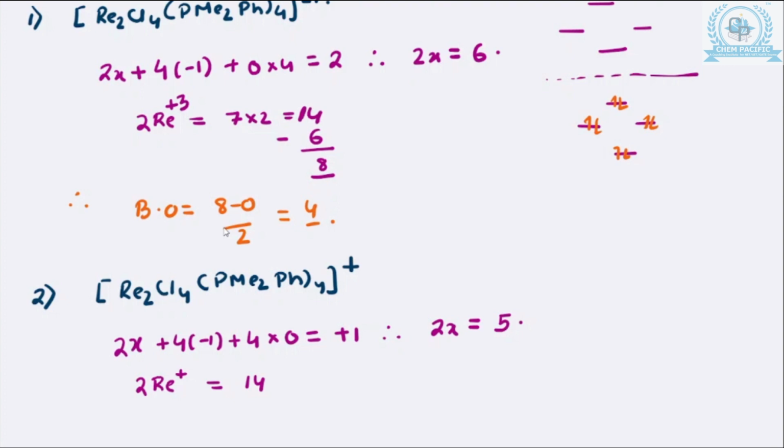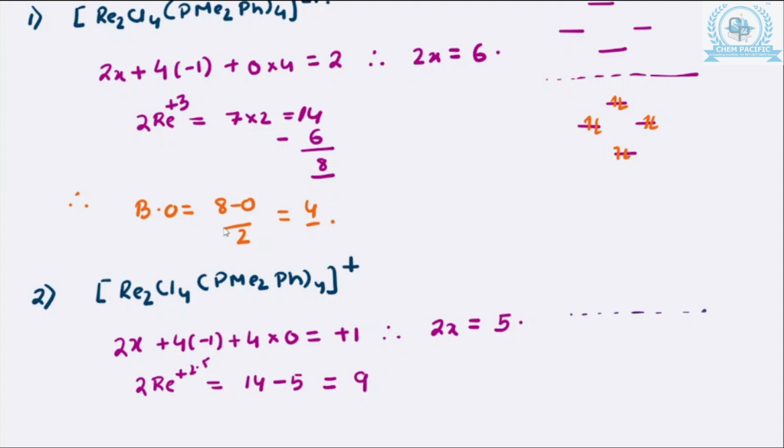But we are not considering neutral rhenium, we are considering rhenium here, so both rhenium are having an oxidation state overall of 2.5 actually. So overall the two rhenium metals are having 5 electrons less, so this is 14 minus 5, which is equal to 9. So let us quickly make the MO diagram of this.